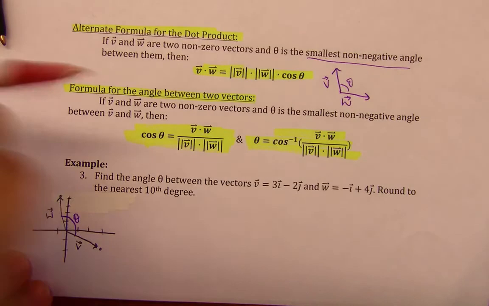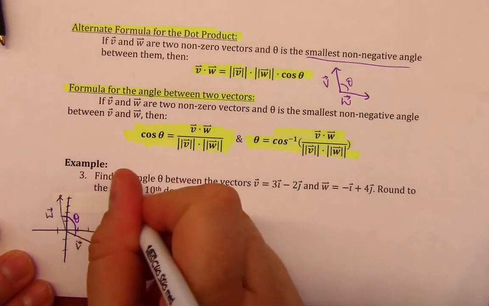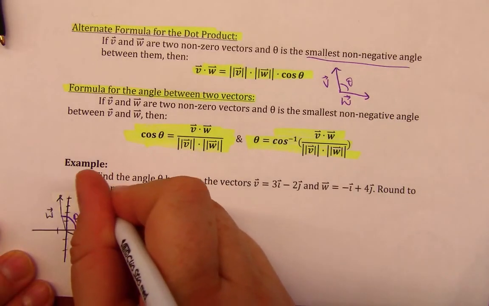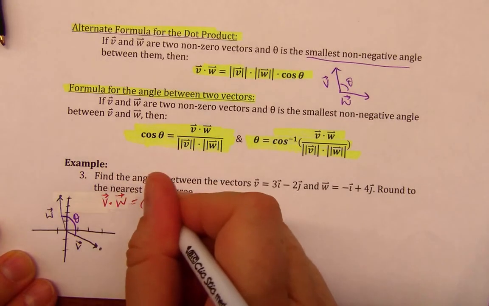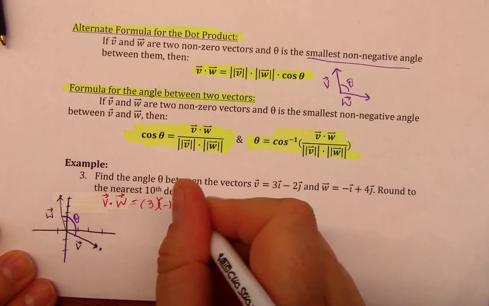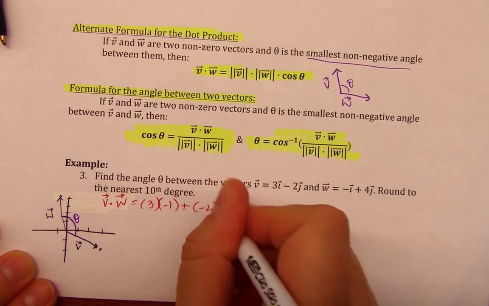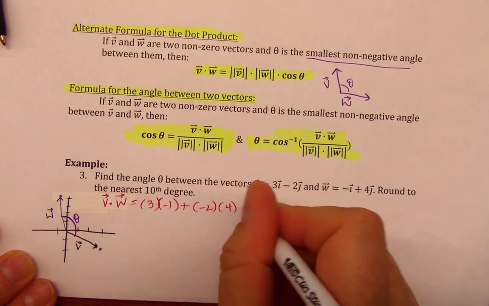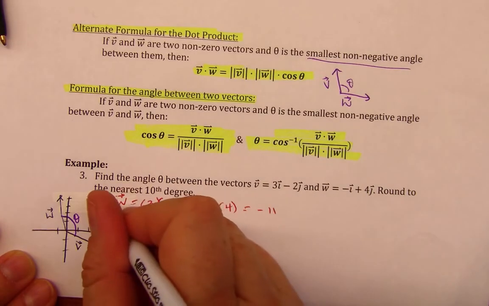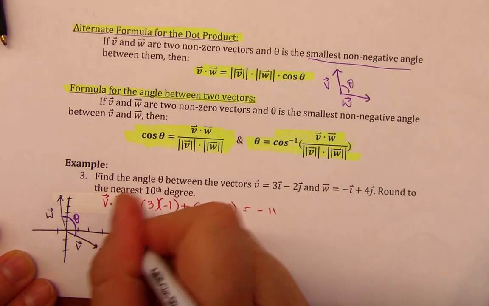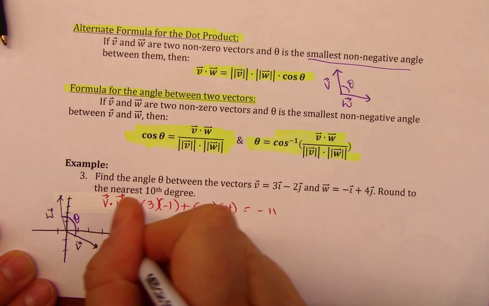So now we can go back to what we were just saying. We want to find the dot product of v and w. And so that'll be 3 and -1 plus -2 and 4. And that gives us -11. And then we want to find the magnitude of v and the magnitude of w.